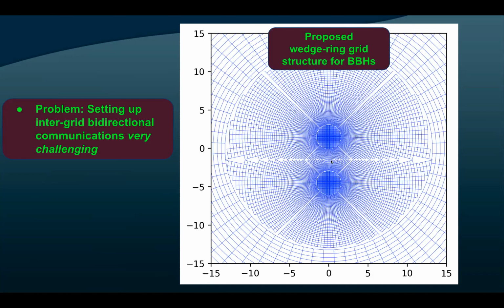Setting up the communication patterns between those such that information can propagate in a bidirectional way across any grid interface, that's really, really tough. It's tougher than anything I've ever tried before. So it's going to require a major advance in the way BlackHoles at Home does things. Next slide.